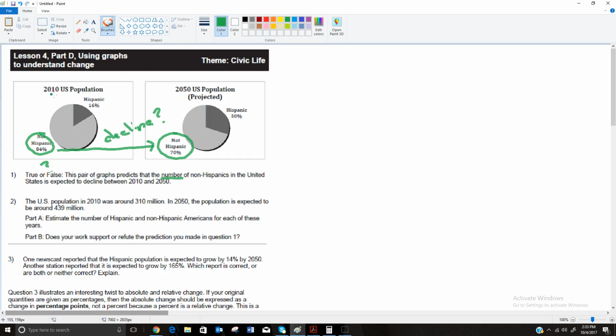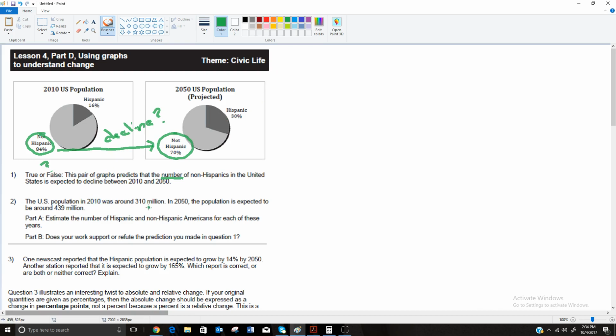I mean, over the next, well, this is 40 years. Now it would only be about 33 years. But still, clearly we expect the population to grow over that time period. So the total population is going to grow. So we don't know what this percentage is until we calculate what that means as far as the total.